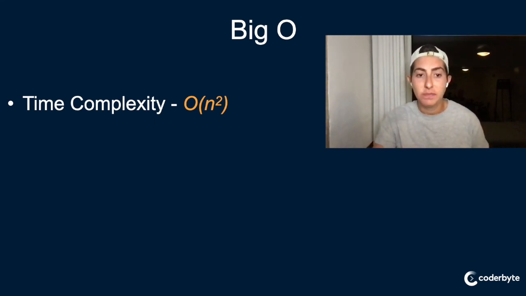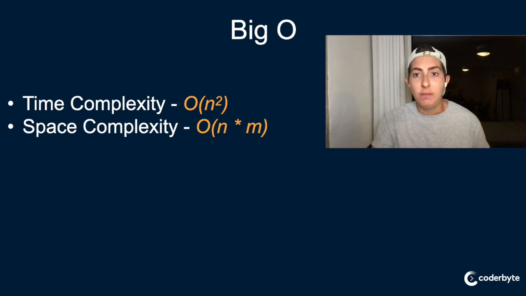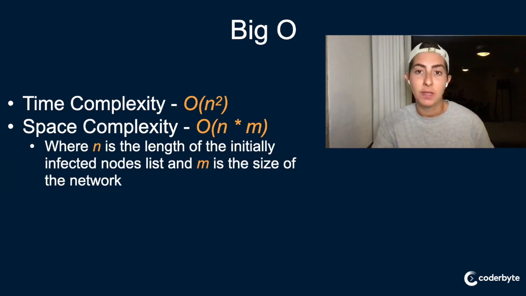Now, in terms of our space complexity, I think our space complexity here is a big O of n times m, right? So how did I get to that? n is the length of the initially infected nodes list. So we are going to have to create an instance of our disjoint set union class for every single initially infected node.